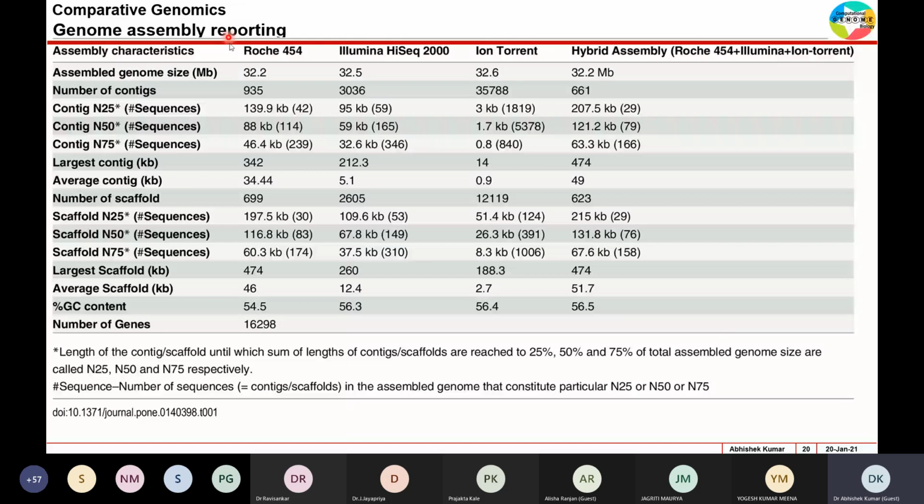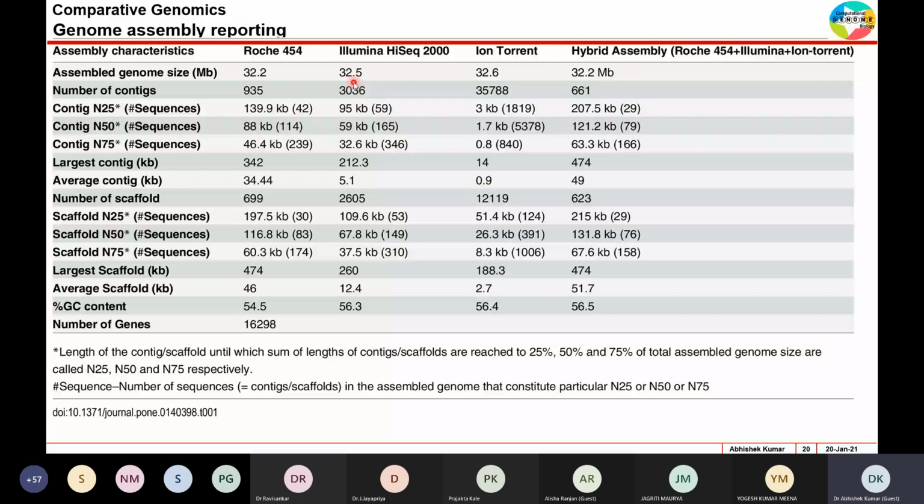The genome assembly was 32.2, 32.5, 32.6 and 32.2 MB in the hybrid also. Roche has larger scaffolds and larger contigs, so the number of contigs is less in Roche. In Illumina, since the read length was smaller, the number of contigs is more, and Torrent is even worse.